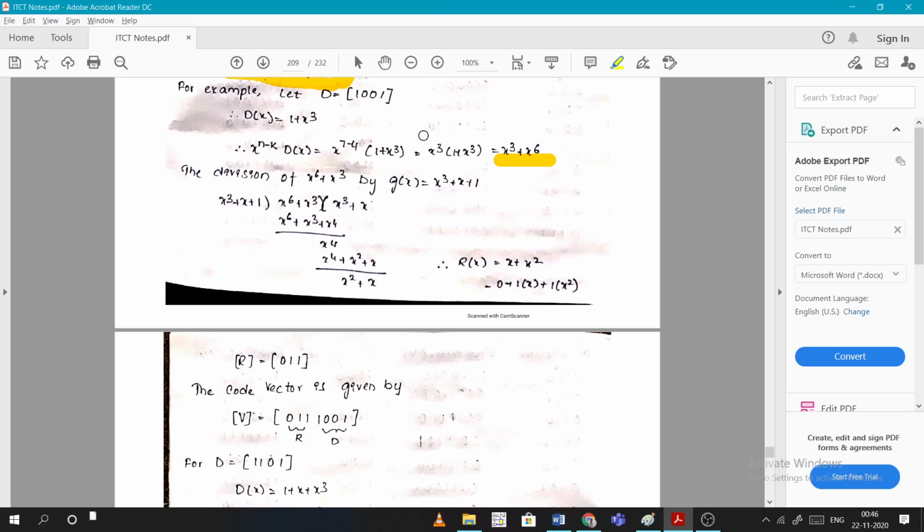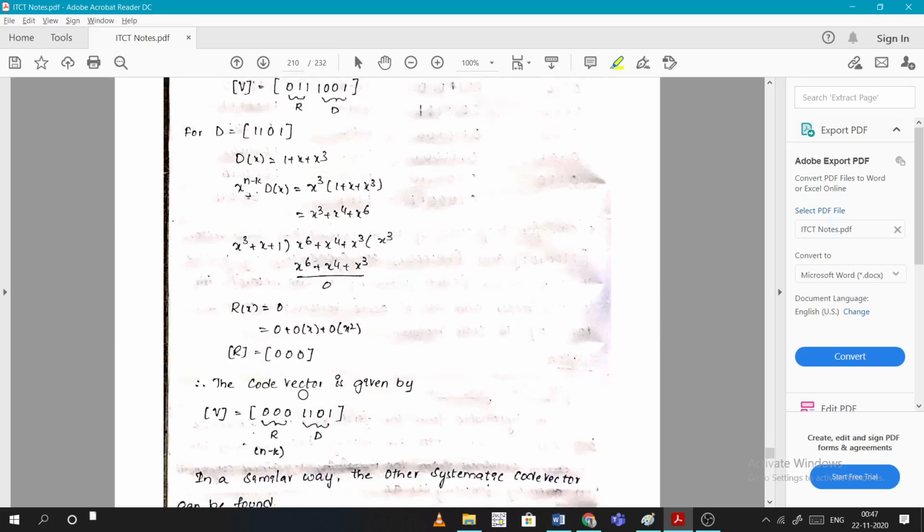Here we wrote 3 terms. For the code vectors, we just attach these redundant remainder bits at the beginning of this data, 0111001.